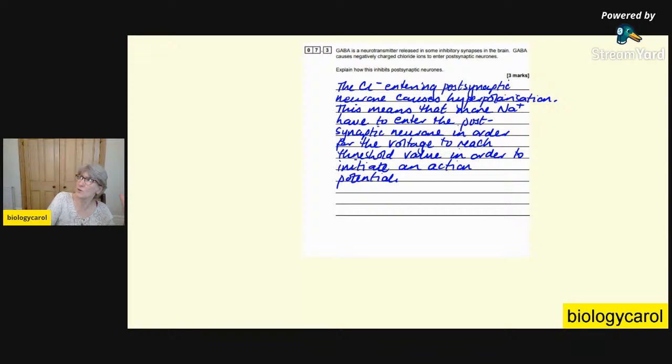All right, so what else am I going to write? How does it inhibit? Oh, okay. If it's really negative, that means more sodium ions have to diffuse into the neuron in order to reach that threshold so that an action potential is kicked off, that all or nothing response. And that's what I've written.